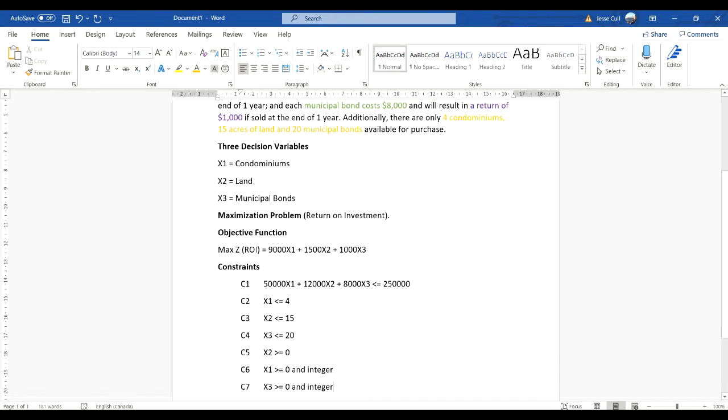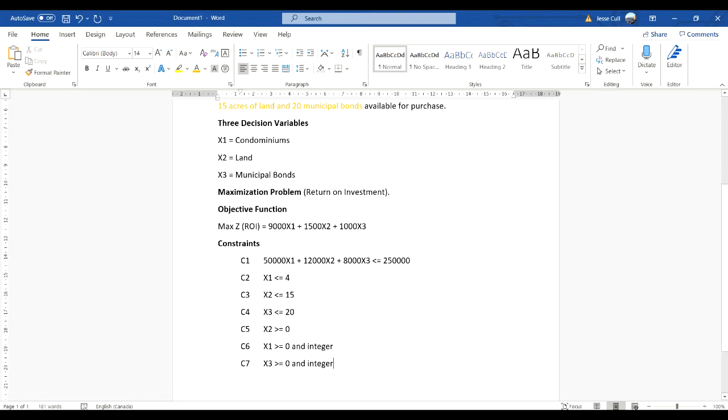We have to purchase whole municipal bonds, and it must be greater than or equal to 0. We cannot purchase negative municipal bonds. These become important because we're mixing and matching 0, 1, real numbers, and integer values.